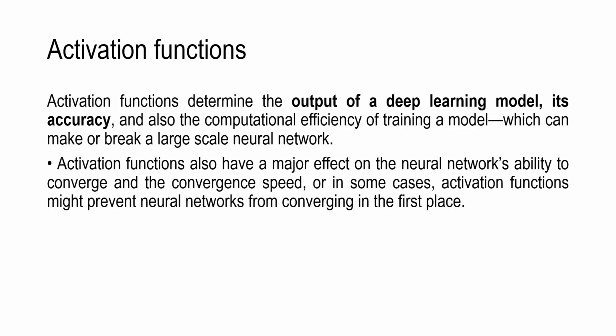Now we are going to see what is the use of the activation function. The activation function gives the output of the neuron. Usually in the input layer, x1 and x2 won't create any output.